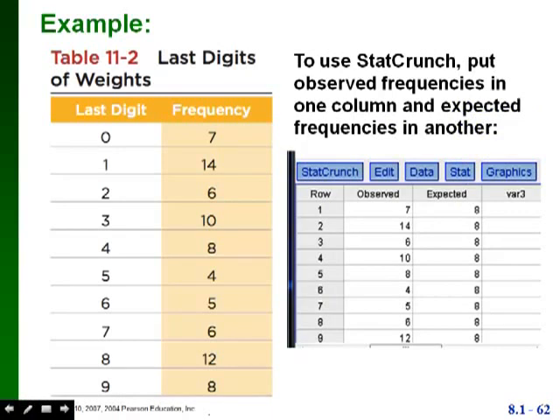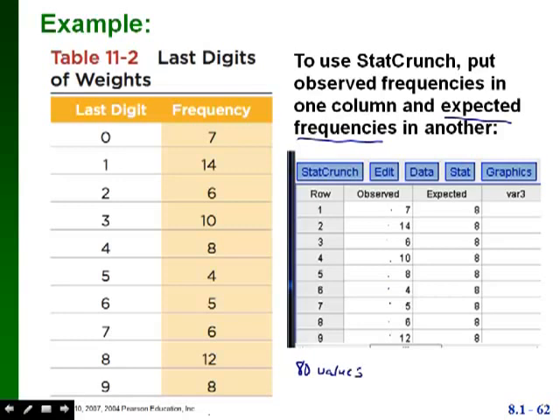Now we're going to look at how to use StatCrunch to do this. What we need for StatCrunch is not only our observed frequencies, which we already have, but we also need our expected frequencies. And we have to put both of these into StatCrunch. So that's what I've done here. I typed in all of the observed frequencies that we already had. And then remember, in this case, we're assuming that these are equally distributed. And we said that there were 80 values.